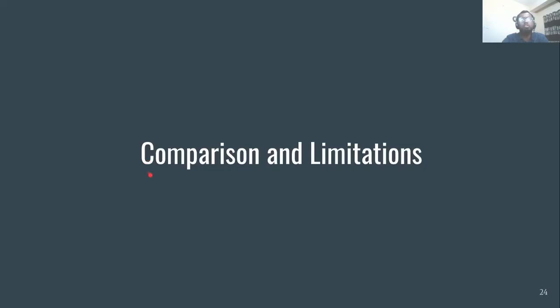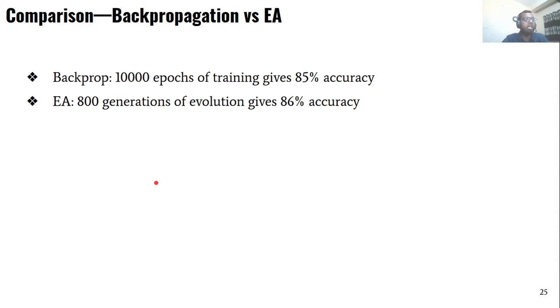And let's talk about comparison. So first of all, if we compare backprop and the EA method, in backprop we ran for 10,000 epochs and that gave us an accuracy of 85%, and in the evolutionary algorithm we ran for 800 generations and that gave us 86% accuracy. Now it is well known that backprop has a problem with getting stuck at local minima.